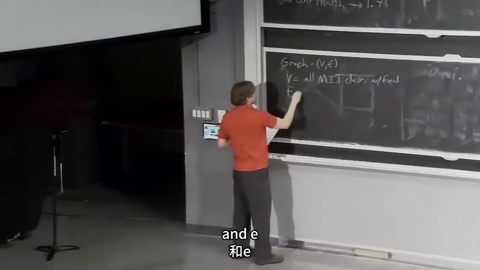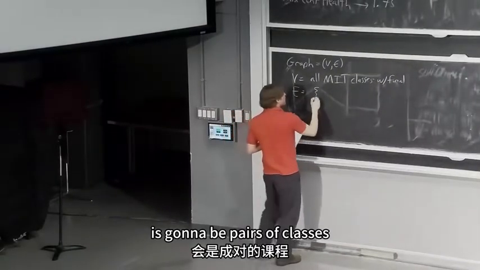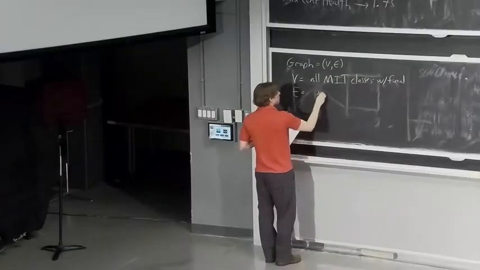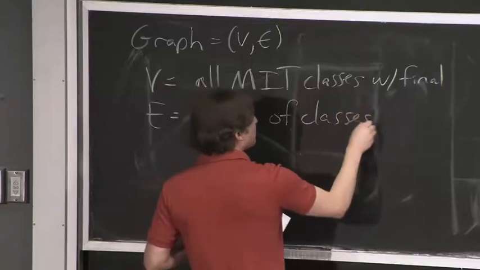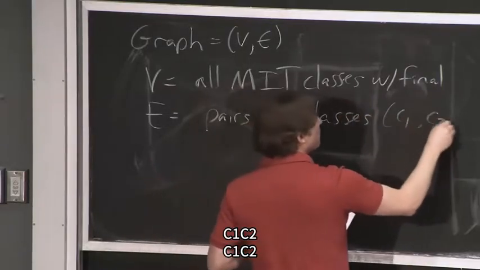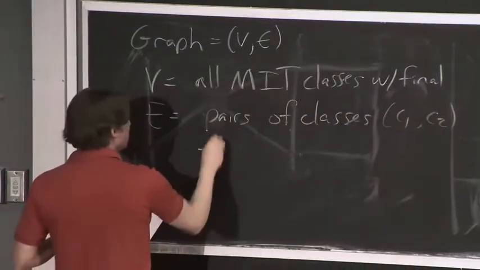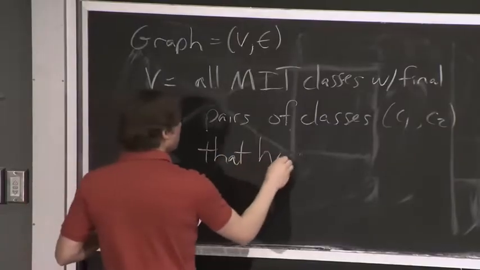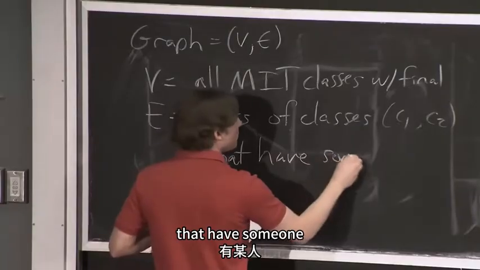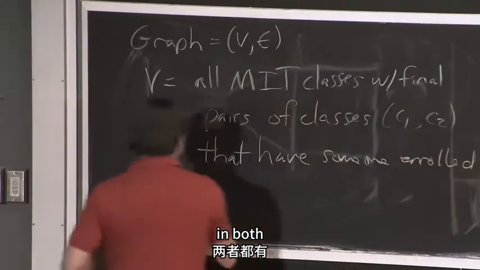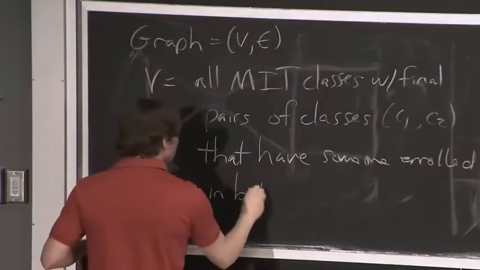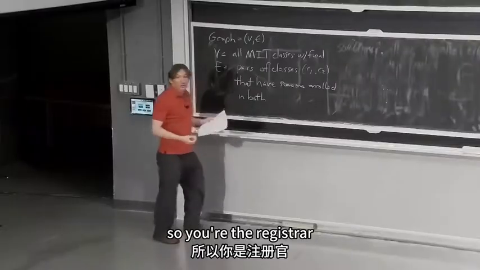And E is going to be pairs of classes C1, C2 that have someone enrolled in both. So you're the registrar.